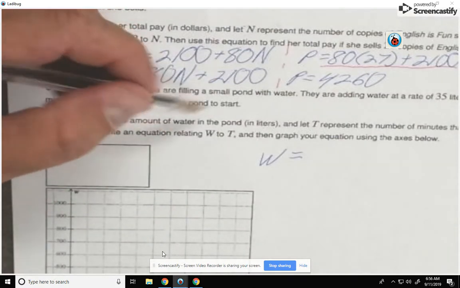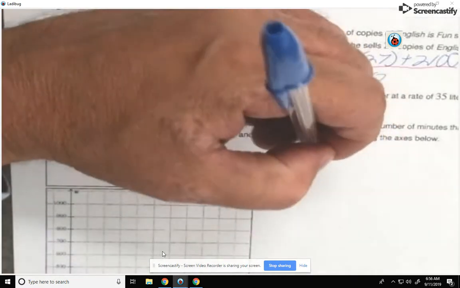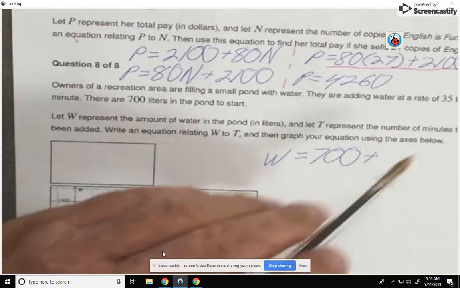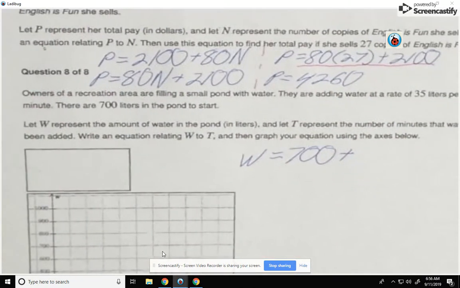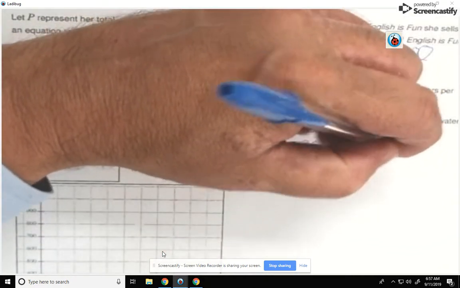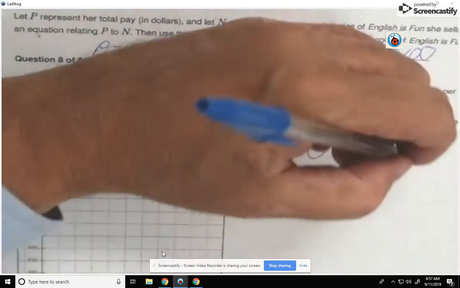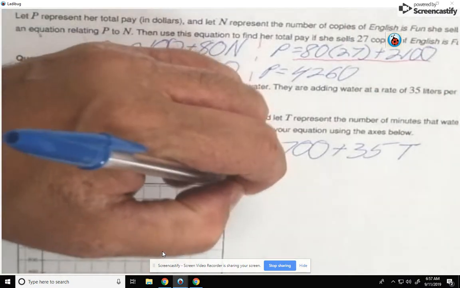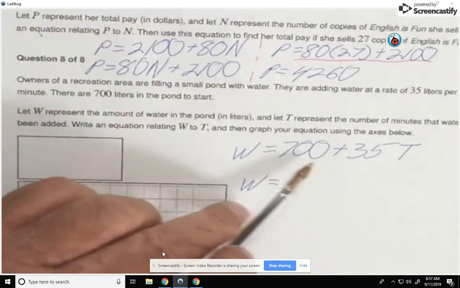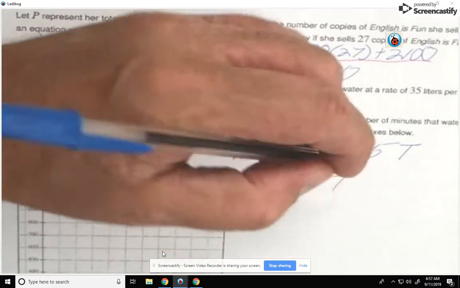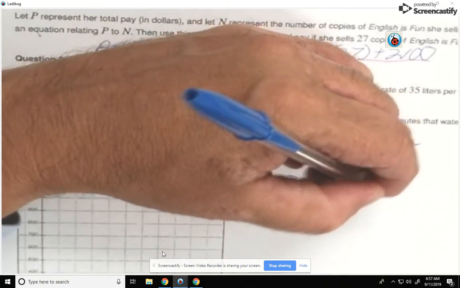Alright, we start with 700 liters, and then we're told that it's 35 liters per minute. So that'd be 35 per minute, so that's times our time, which they tell us is T. Okay, again, if we want slope-intercept form, we just flip-flop these two pieces to get W equals 35T plus 700.